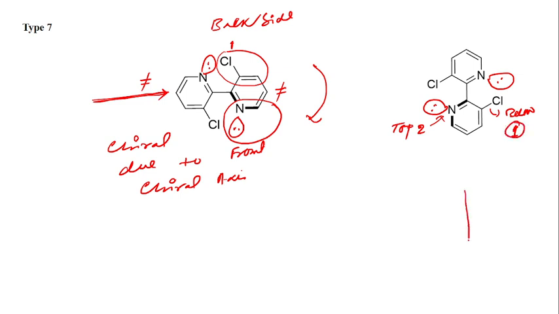So I put the cross, I put 2 on top, 1 below, then 4 on the right and 3 on the left. Just go from 1 to 2 to 3. It's counterclockwise.